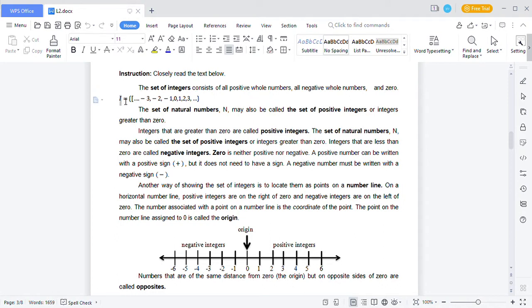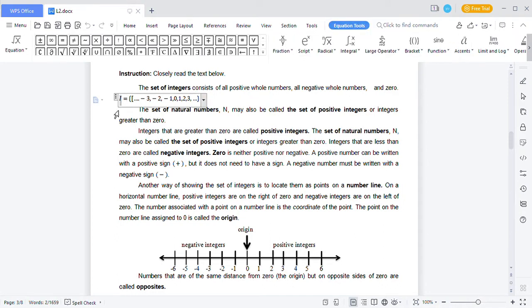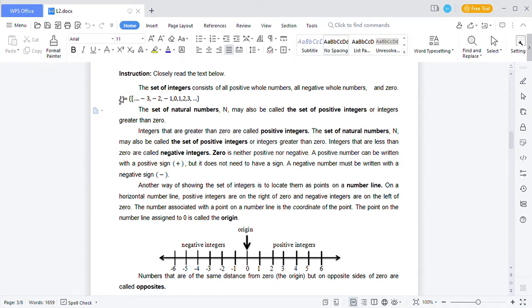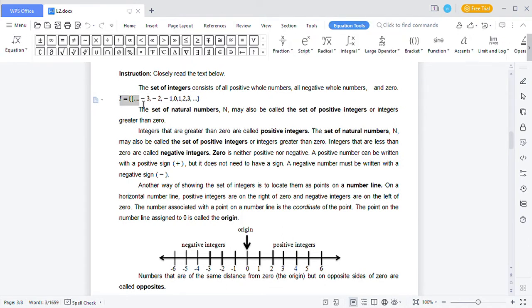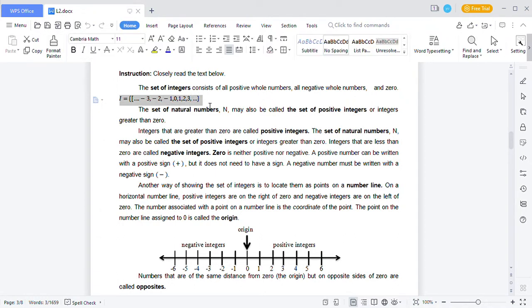For example, I stands for the integers there. So we have I equals negative 3, negative 2, negative 1, 0, 1, 2, 3, and so on. Those are the elements of the set of integers.